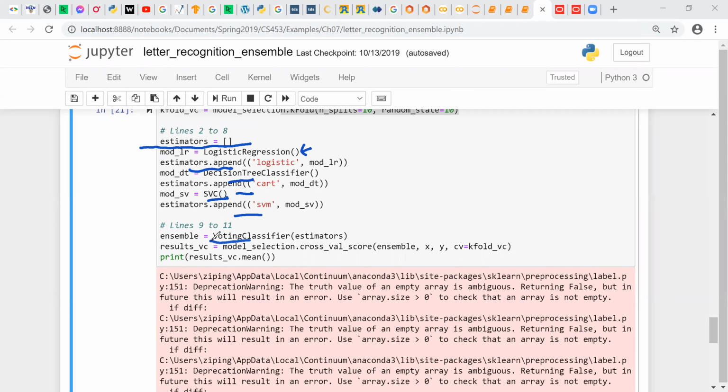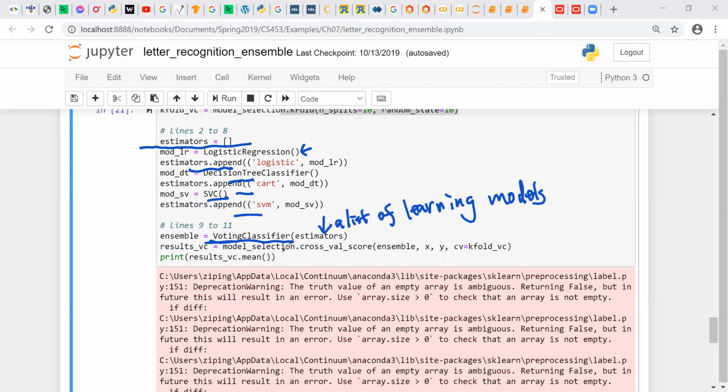Then for the voting classifier, what it can take is a list of learning models. The estimator is a list, in this case it contains logistic regression, decision tree, and support vector machine.